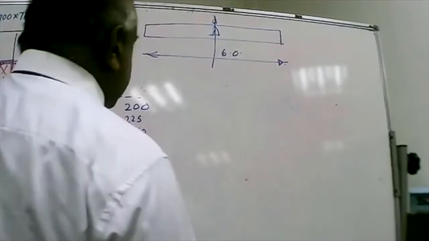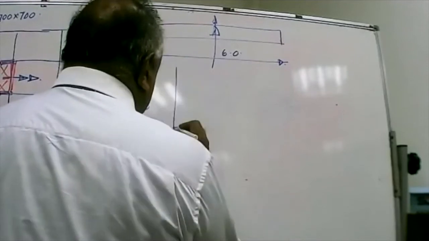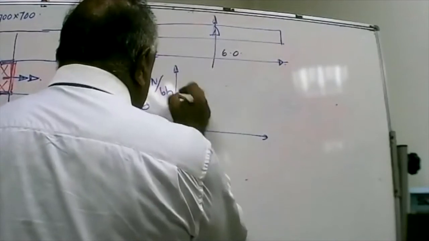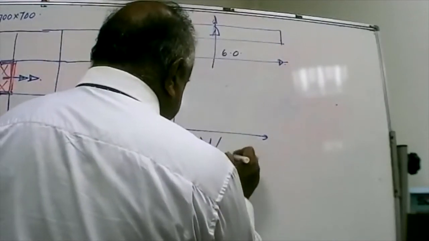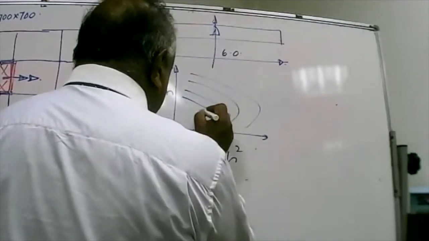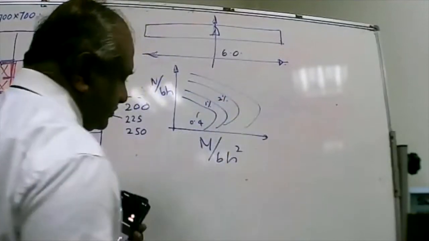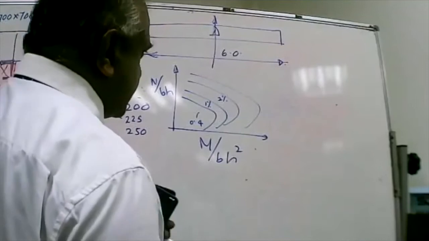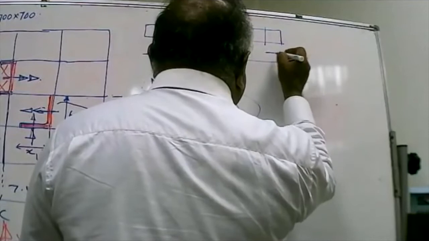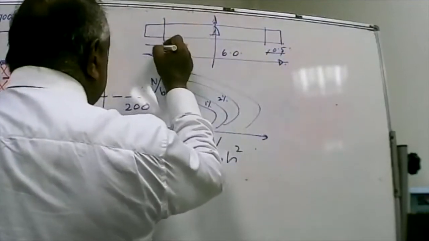And what we can do is make use of the column interaction chart, N over BH, M over BH squared, and we get charts like this: 0.4%, 1%, 2%, and so on. So what we do is, we select a certain area, something like 0.5 meters, for concentrating all our reinforcement.